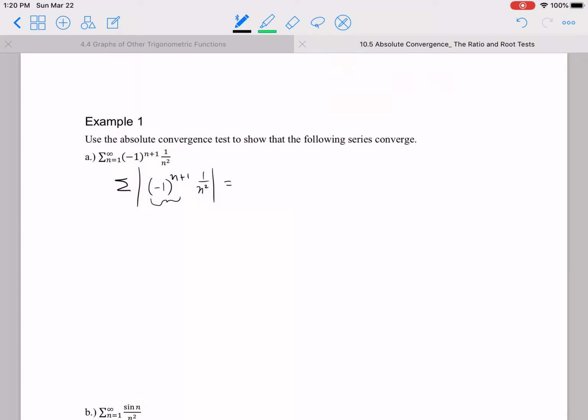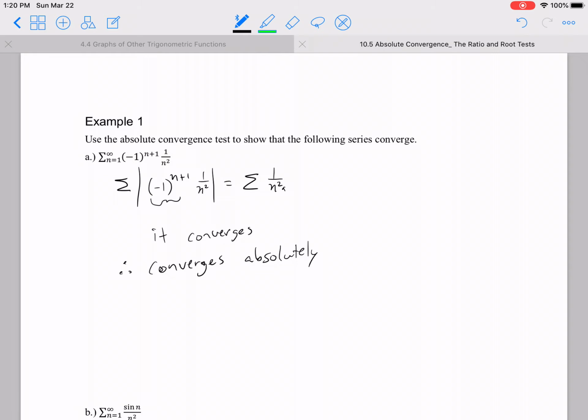So essentially, this is just going to be the sum of 1 over n squared. Okay? And so it's a p-series with p equaling 2, which is greater than 1, right? And so it converges. And therefore, the original one converges absolutely.